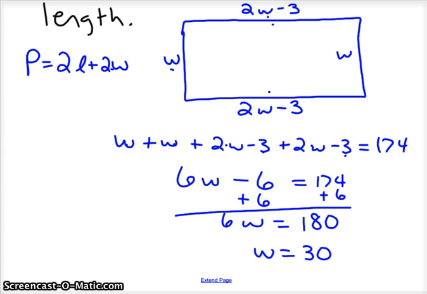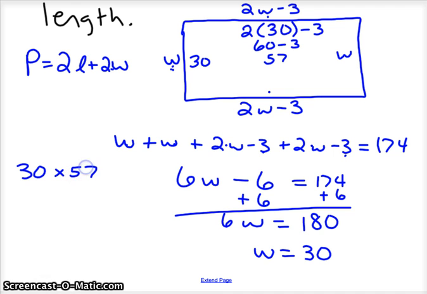Alright, so our width is 30, so we go back up to our rectangle and plug that in. We know this is 30, and so we know that this side would be 2 times 30 minus 3, which would be 60 minus 3, and 60 minus 3 is 57. So we know our rectangle is 30 by 57. Now, if you wanted, you might check that out.